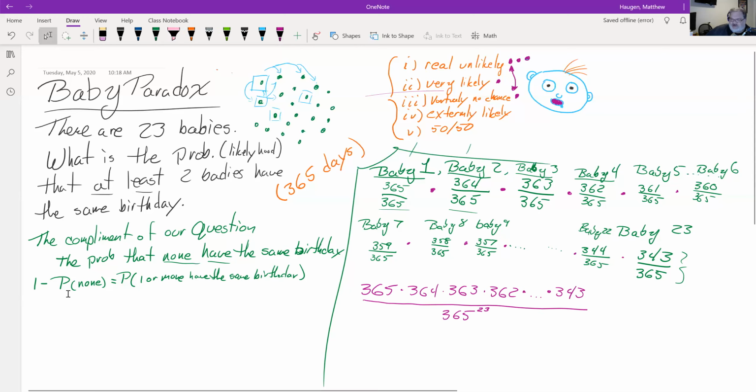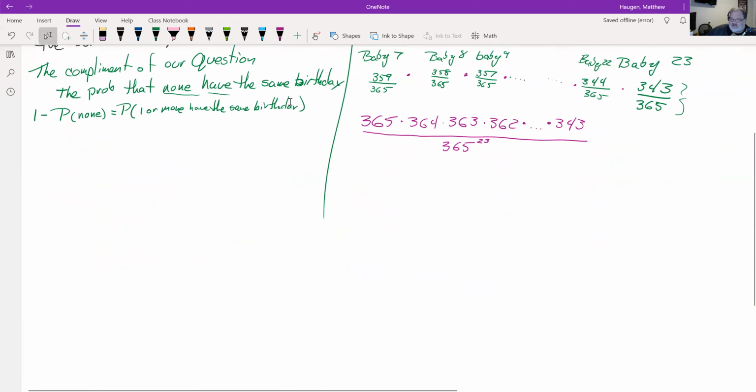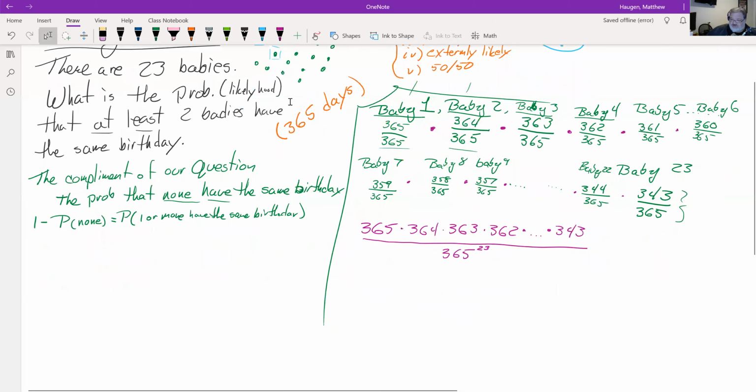Now, if you're nervous about typing all of that into something like your calculator, you certainly could do that. You could type in all 23 of those numbers multiplied together. That actually wouldn't be that bad. But this is going to become something we do with larger and larger number sets, not with babies in these problems.